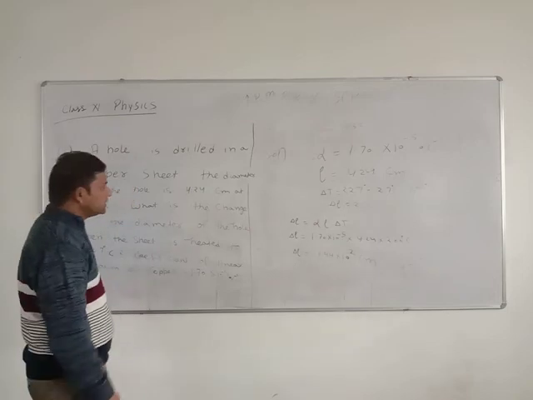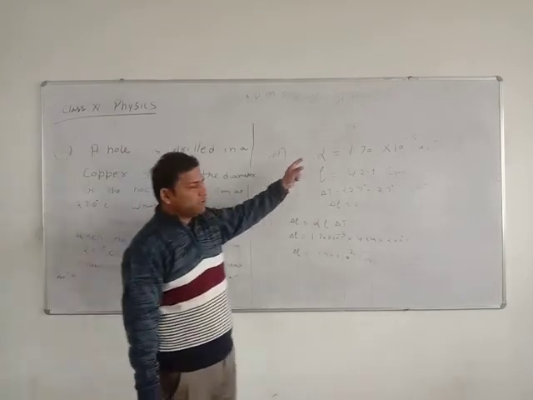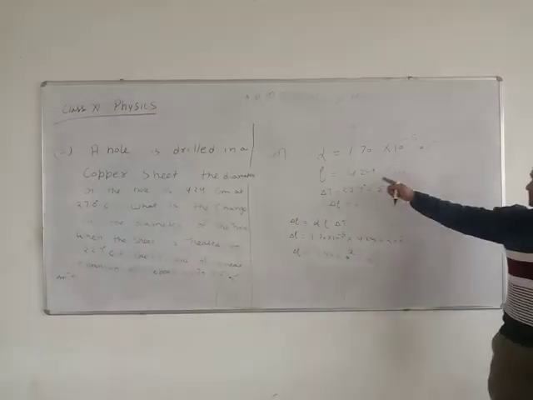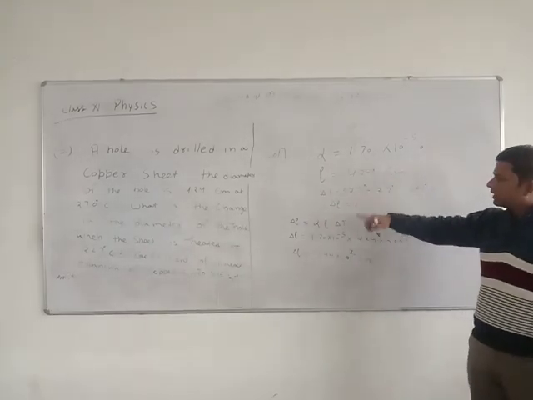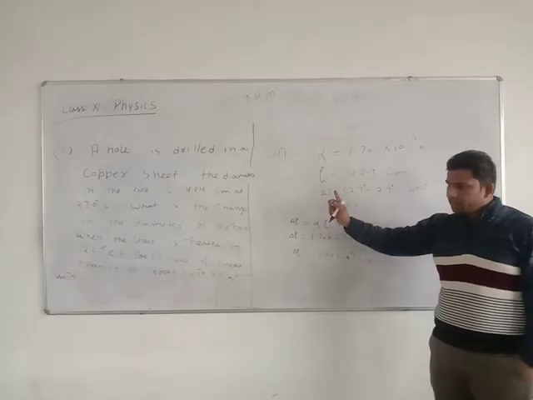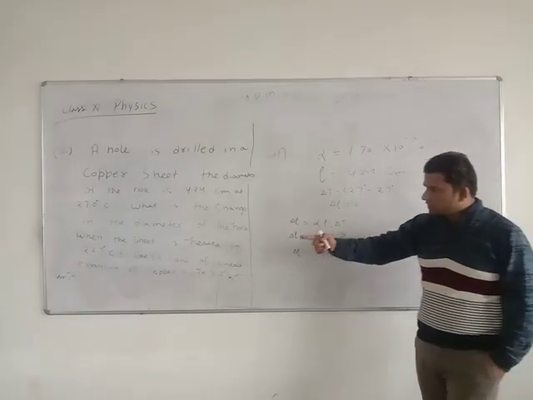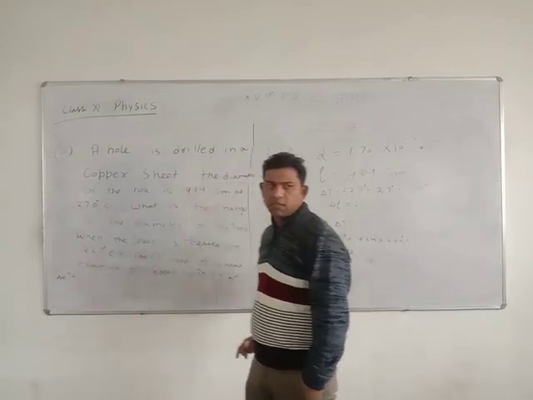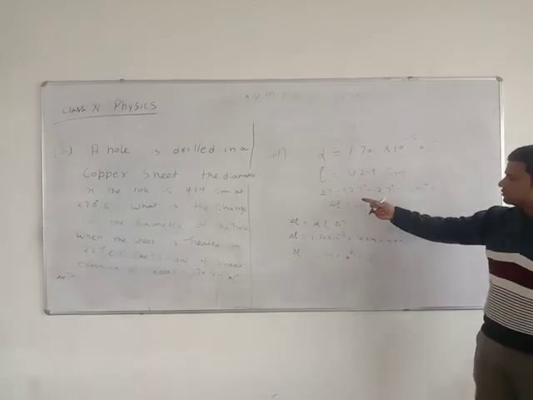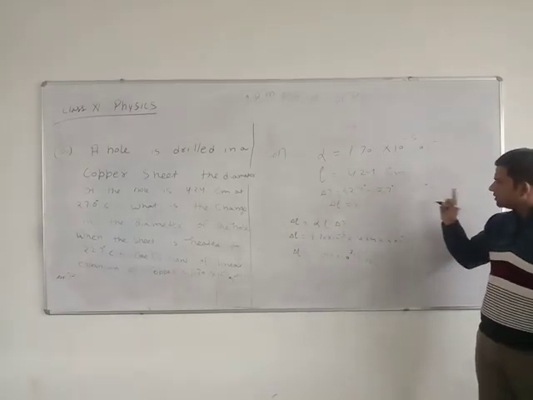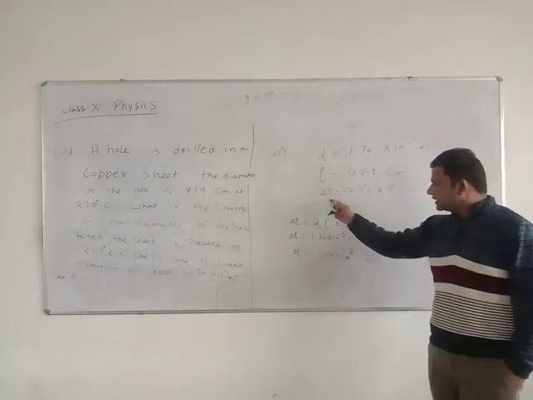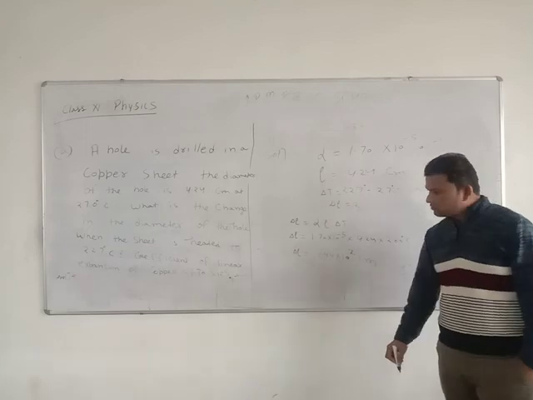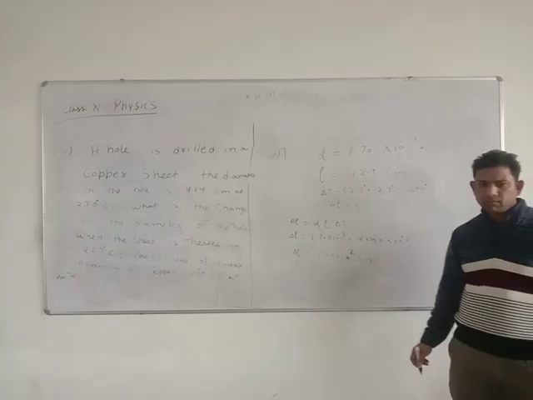Listen carefully, students. In this question we have the value of alpha, the coefficient of linear expansion, the initial length small l, and the change in temperature. The initial temperature is 27 and the final temperature is 227, so 227 minus 27, meaning 200 degrees centigrade, is the change in temperature, and del L is the unknown.